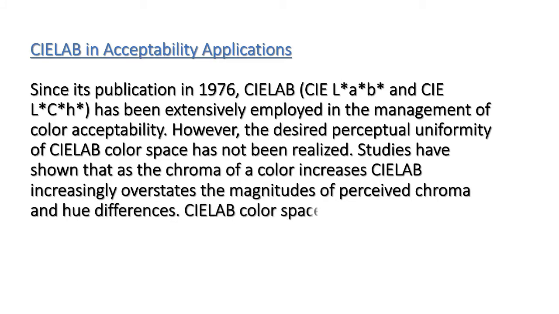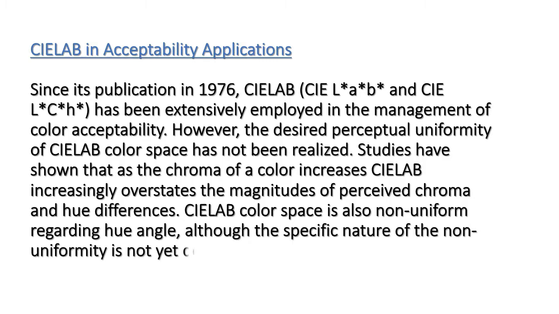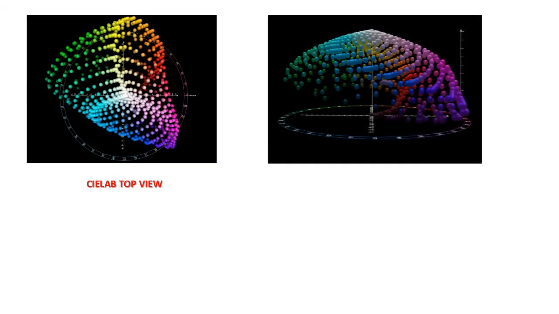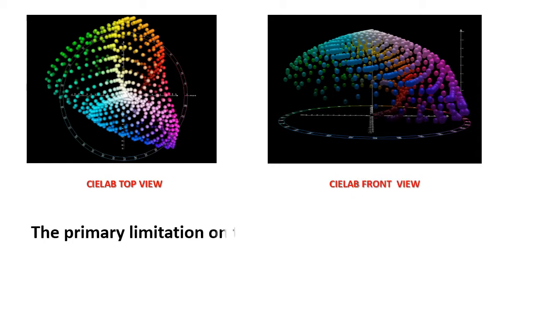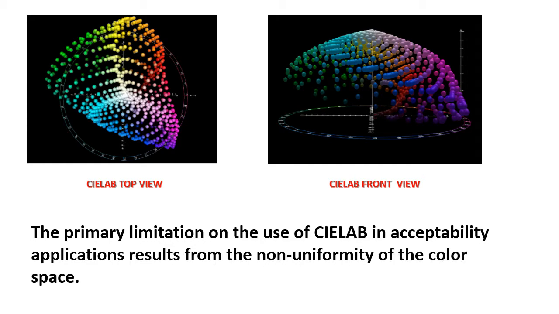CIELAB color space is also non-uniform regarding hue angle, although the specific nature of the non-uniformity is not yet definitively determined. The primary limitation on the use of CIELAB in acceptability applications results from the non-uniformity of the color space.